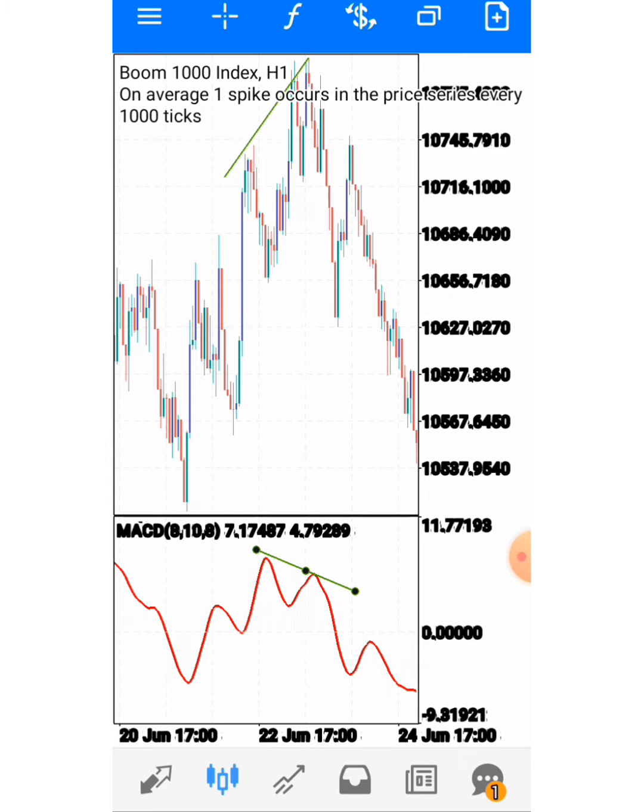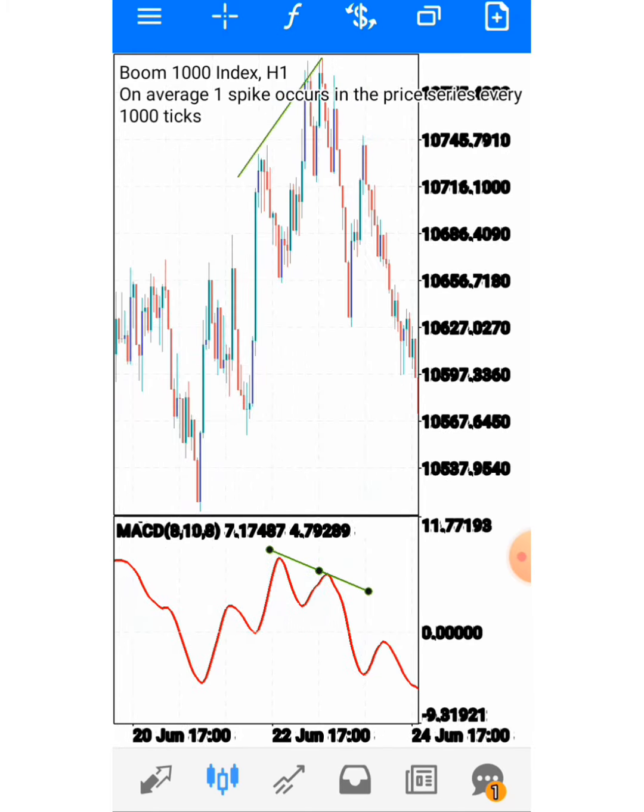So at this second divergence, you can see that price made a pin bar there, then formed something like a double top, and the market moved massively.